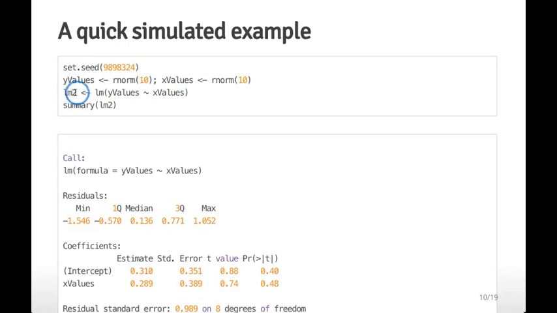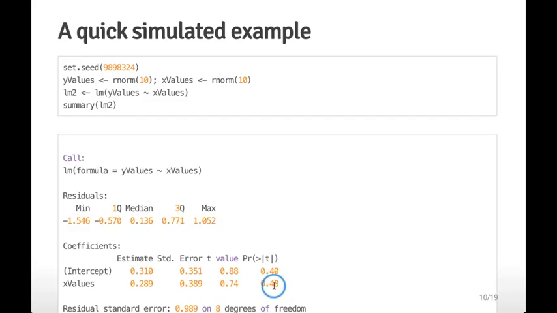Then I can fit a linear model like this, relating the y values to the x values, and look at a summary of that linear model. Now I get an estimate for the slope for the x values of 0.289 and a standard error of 0.389, which corresponds to a t statistic of 0.74 and a p-value of 0.48.